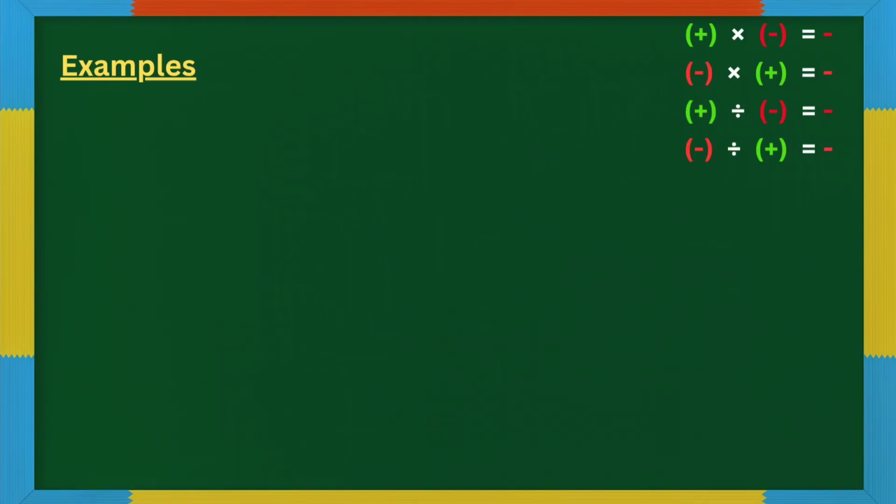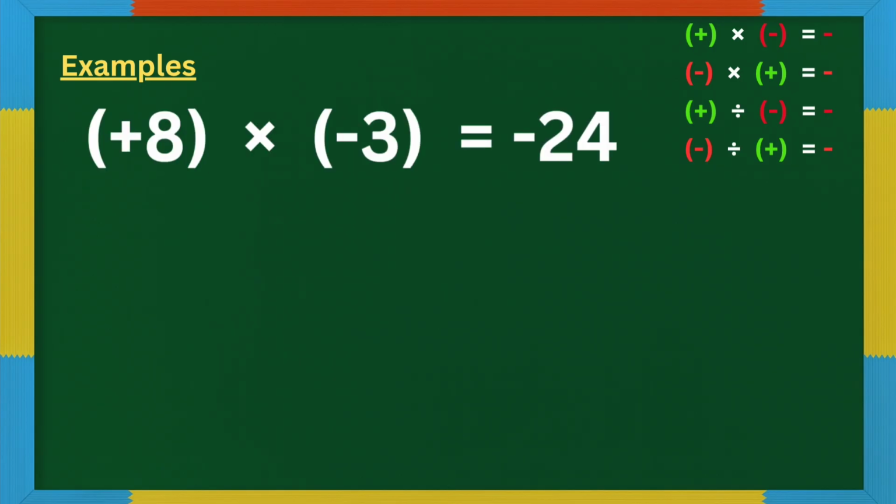Let's see some examples on these rules. The first one is plus 8 multiplied by minus 3. That means plus into minus is equal to minus. 8 into 3 is equal to 24.